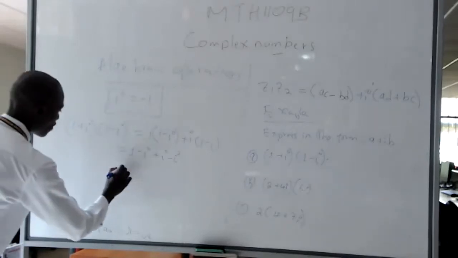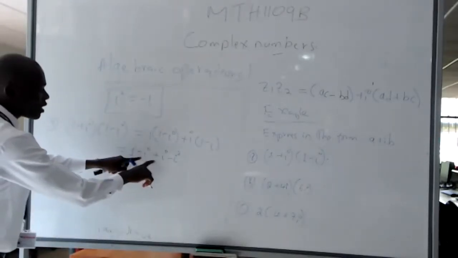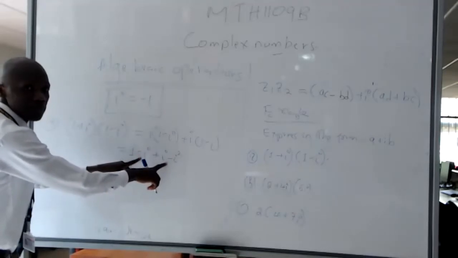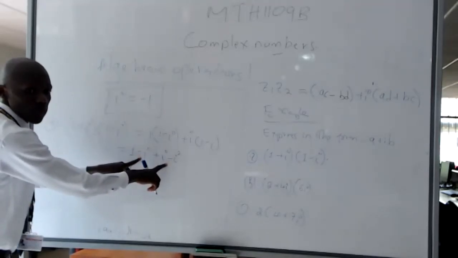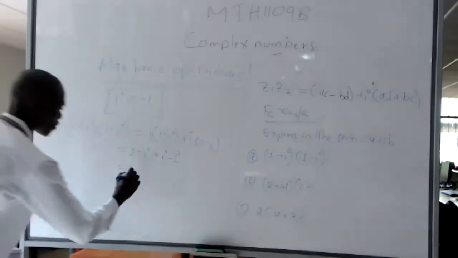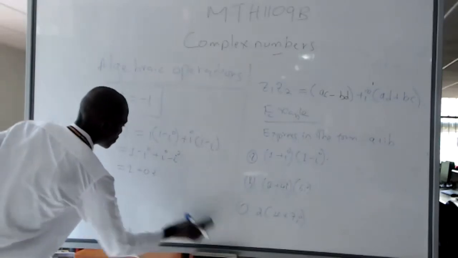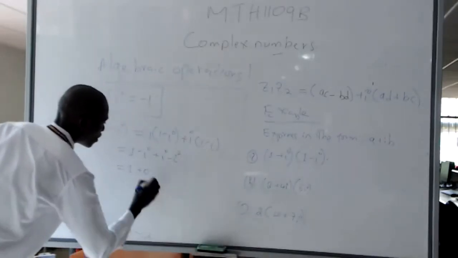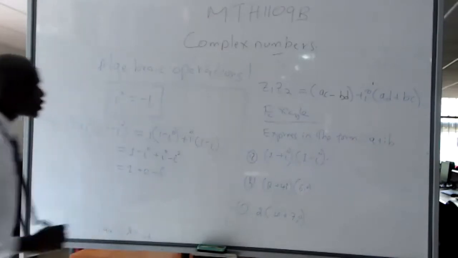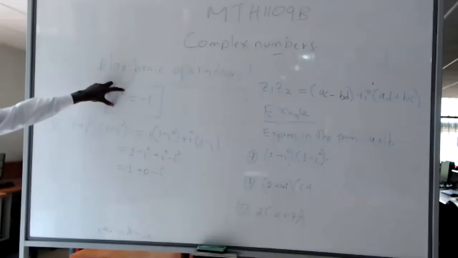So what does this give us? We have 1. There's a minus i plus i. What's minus i plus i? They cancel out, 0. Right? 0 plus, let me do minus, and then what's i squared? -1.